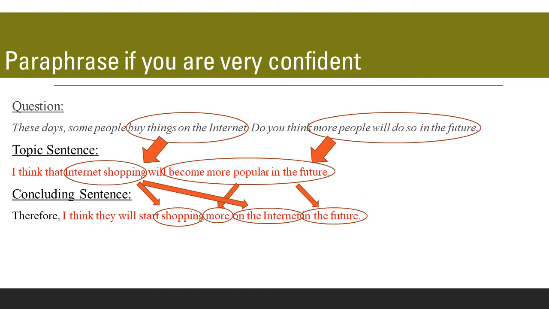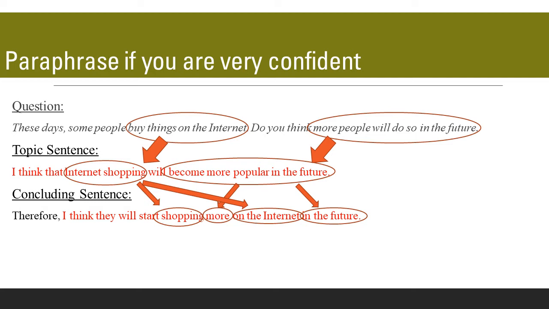One more point here. I also have mentioned that you can paraphrase if you're very confident, and here is an example of that. In the question, buy things on the internet becomes, in the topic sentence, internet shopping. Internet shopping in the concluding sentence becomes shopping on the internet, and they're separated now.